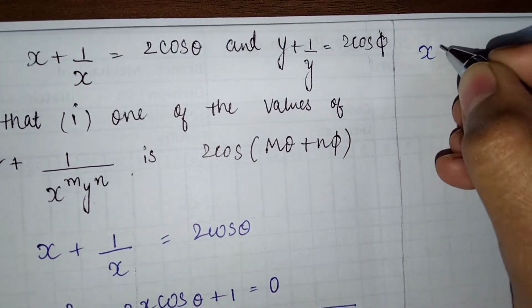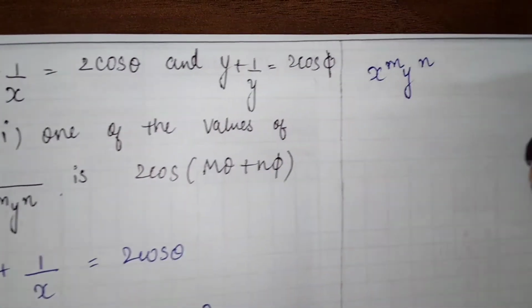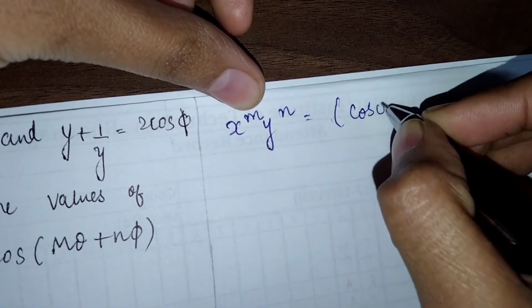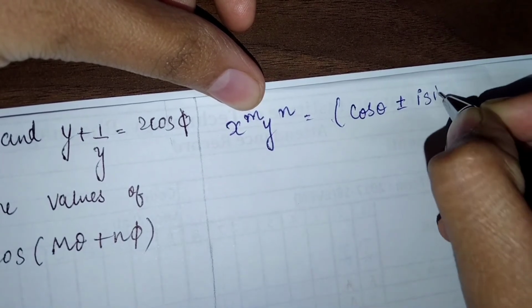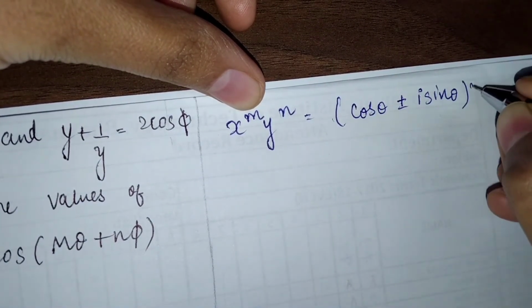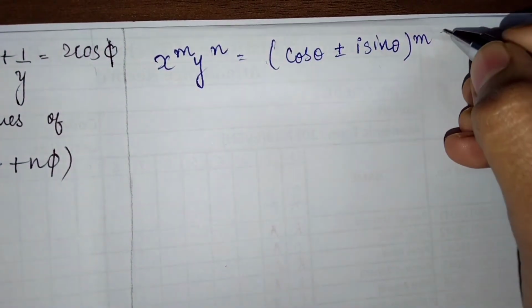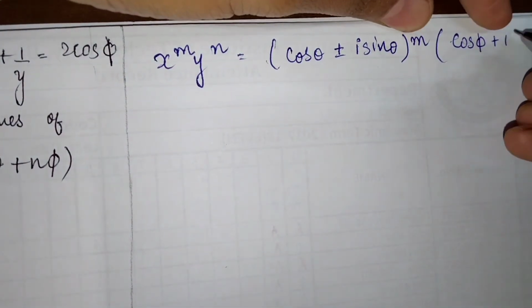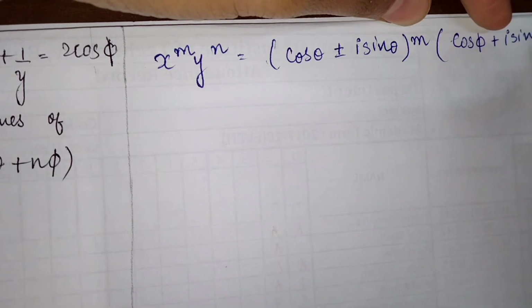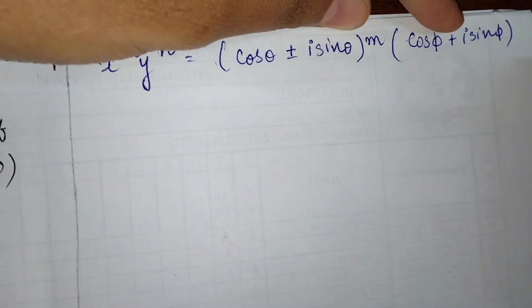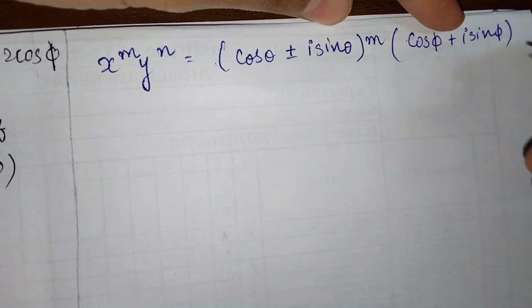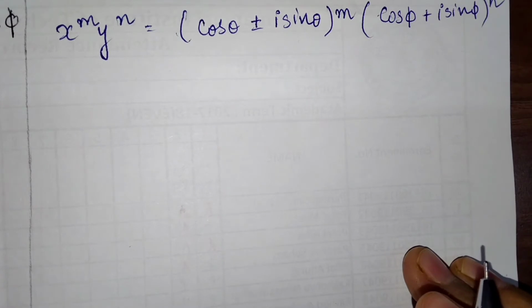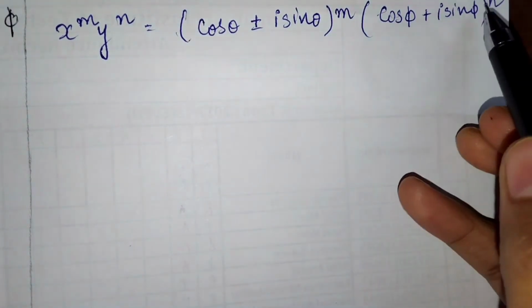So we will get x raised to m into y raised to n. x શું છે? (cos theta plus or minus i sin theta) whole raised to m આવશે અને અહીંયા શું આવશે? y નું (cos phi plus or minus i sin phi) whole raised to n છે કેમ કે y raised to શું આપેલું છે n. ઓકે, and now according to de Moivre's rule આપણે જો આ m અંદર મલ્ટીપ્લાય કરી શકીએ.